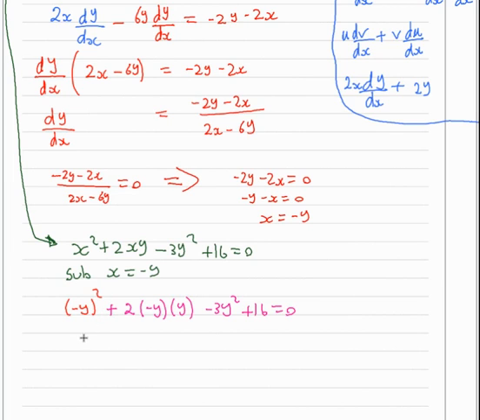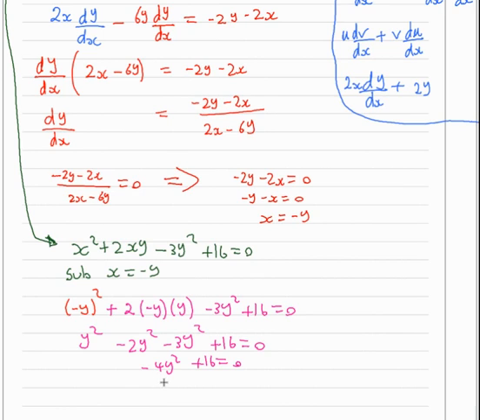So minus y squared is y squared. And then I have minus 2y squared. And then minus 3y squared. And then plus 16 is equal to 0. Okay, if I simplify that, I get minus 4y squared plus 16 is equal to 0.